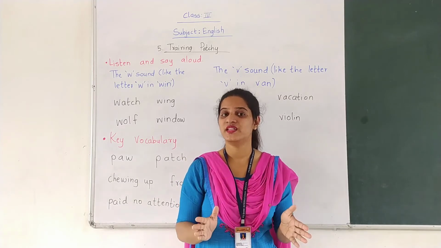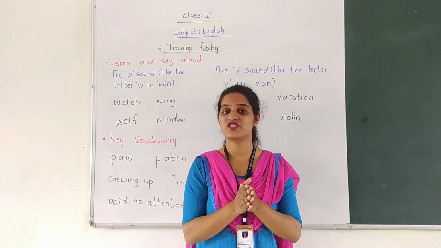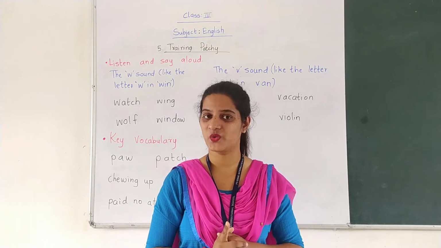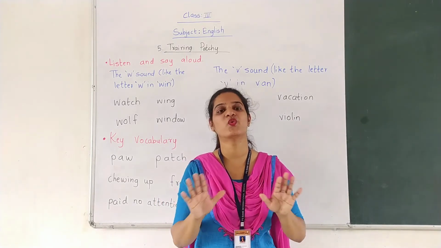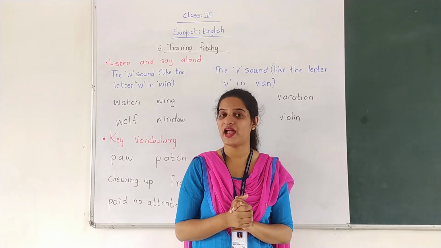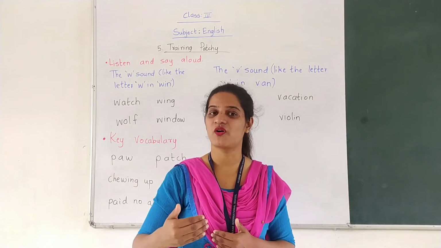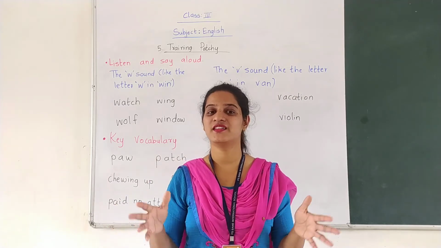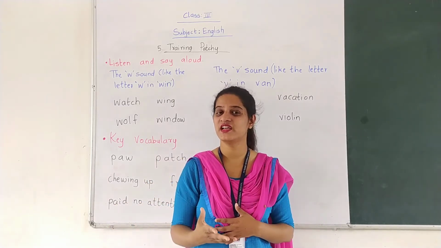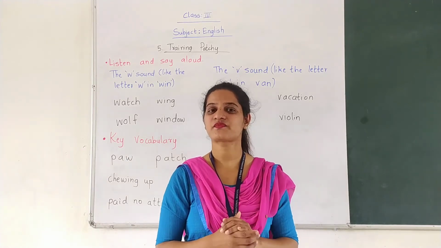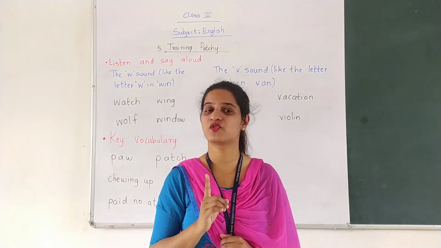So Aditi told Patchy, Patchy, behave properly. But Patchy paid no attention to Aditi. And after some time, as Patchy kept on chasing his tail, Aditi was annoyed and shouted at Patchy, Stop it Patchy, you have to sit.